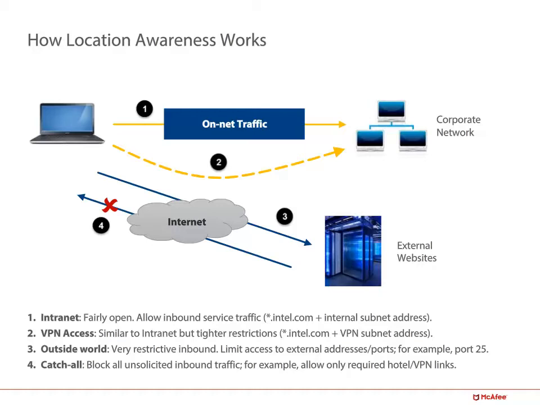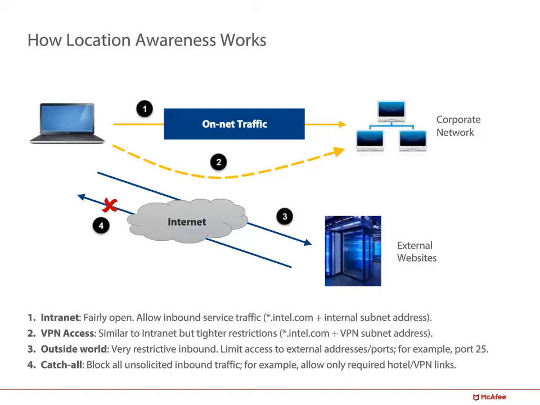For example, in this one, I can have a rule group that says if you're connected on the intranet, I can be very open with my different firewall rules because we probably have a perimeter firewall that can control your different connectivity, and you can have an actual gateway.